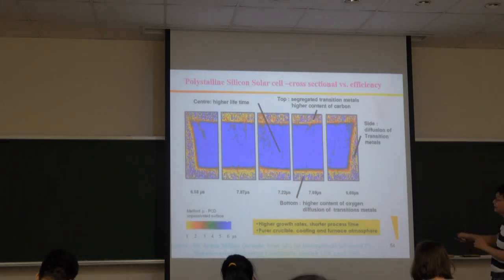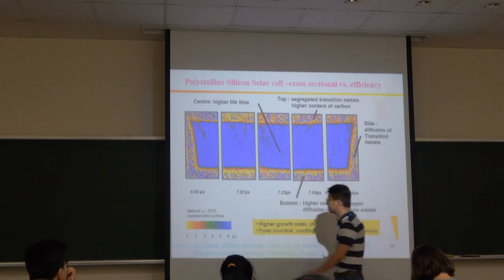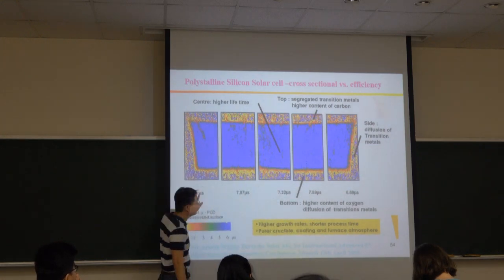Okay, this is a crucible area that you can see. Based on the simulation, you can see there's a lot of defect surrounding this area. So this is electron lifetime.